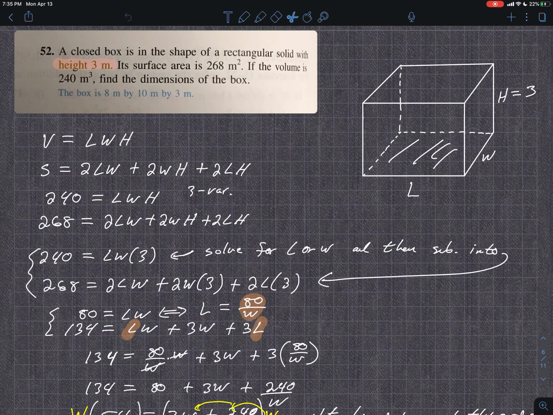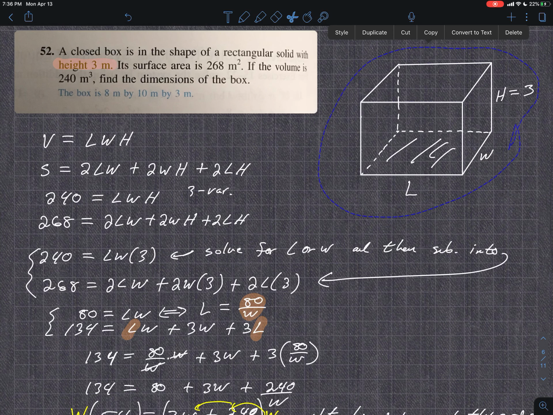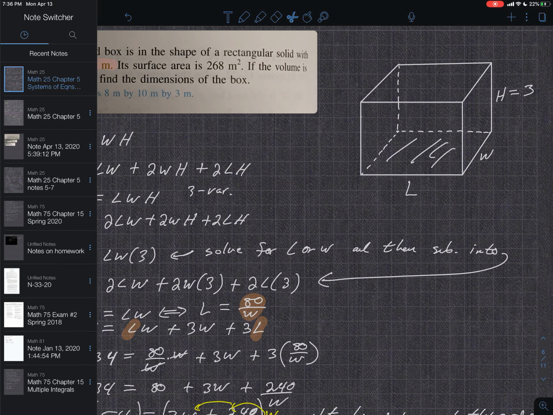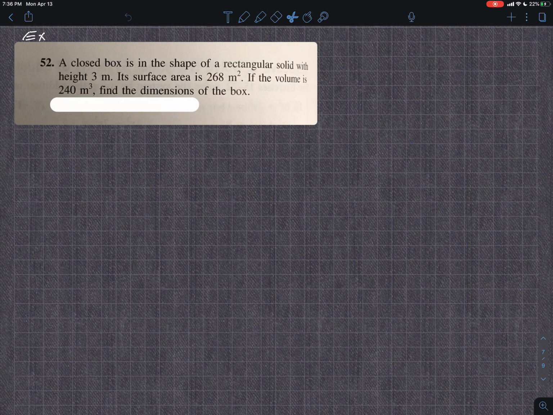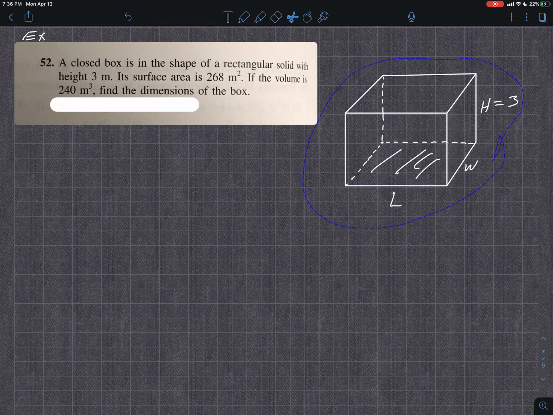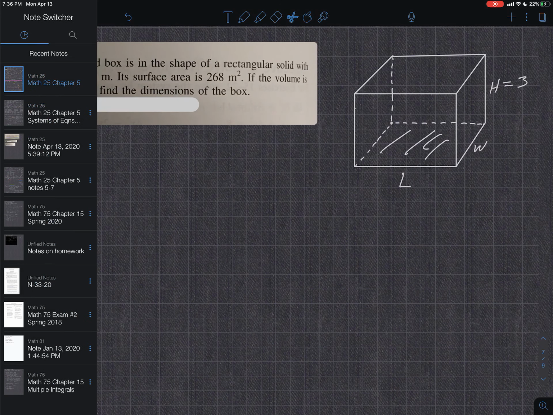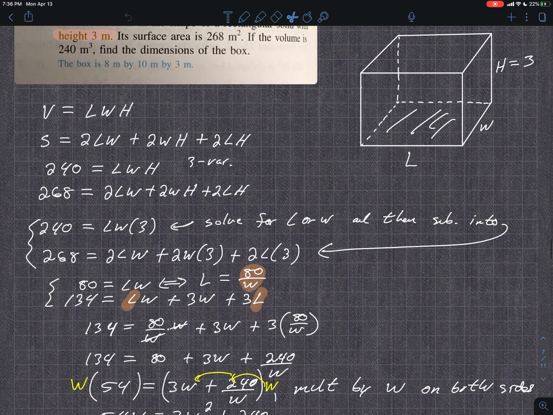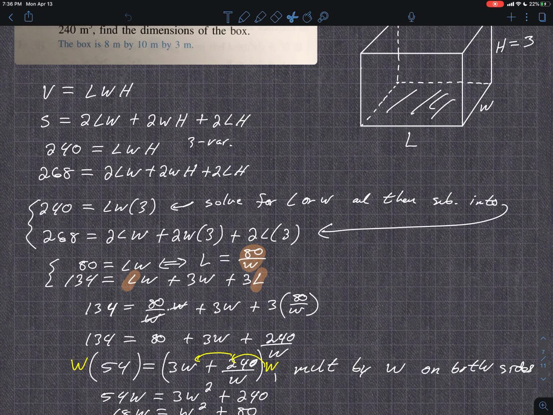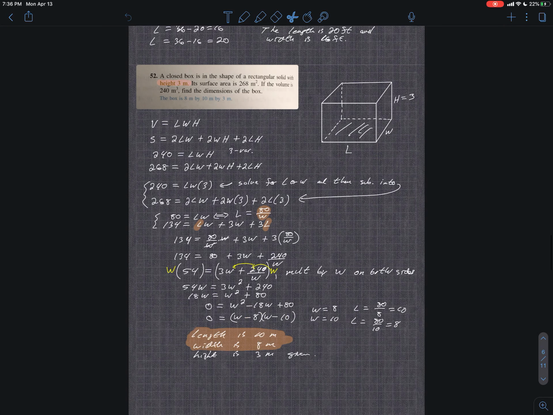Here's a good picture of one. That's kind of what I drew up for the picture. Let's just zoom in. This is the solution I have for it.